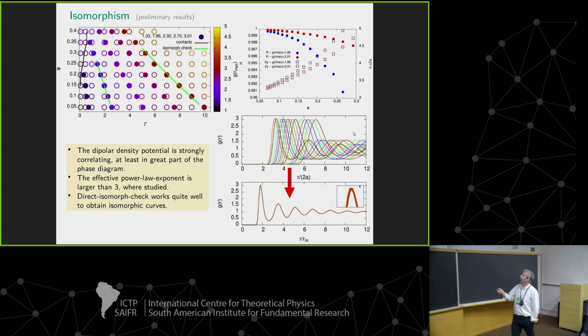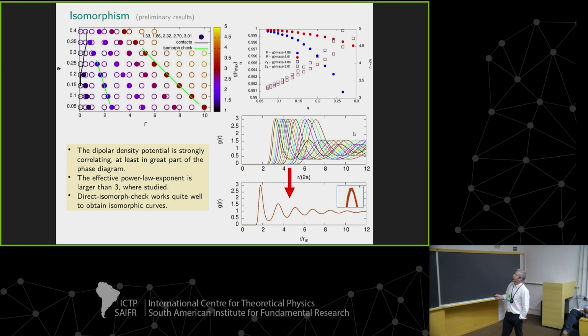So it works quite well. These are the pair correlation functions along this line, and if you map them with this reduced unit, they all fall on top of each other. You have to zoom in a lot to see that all the lines are there.